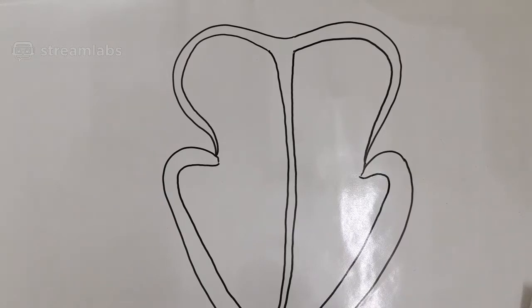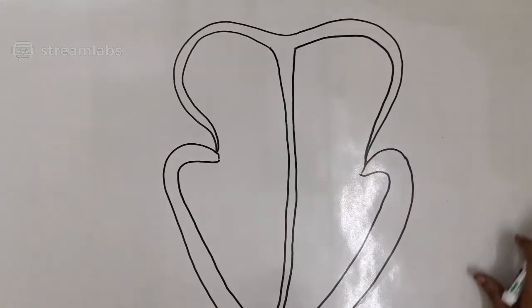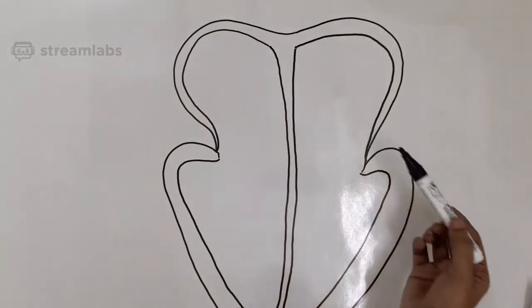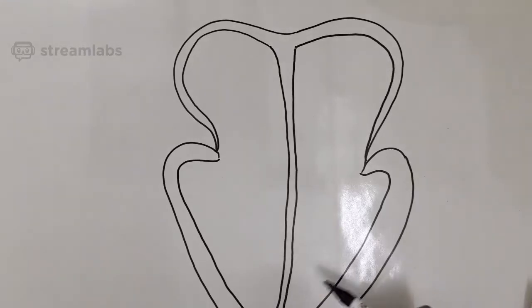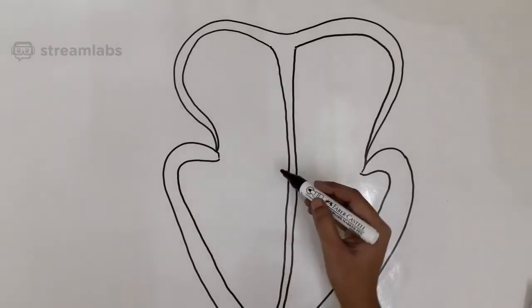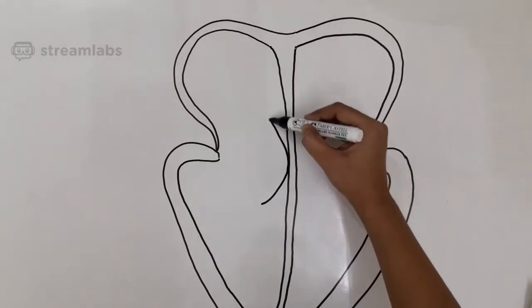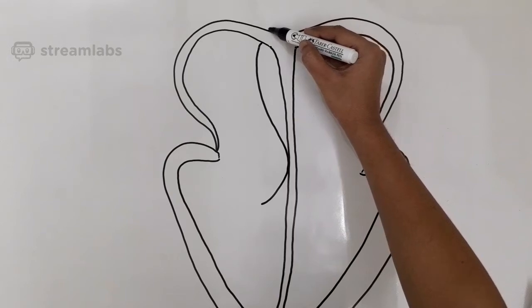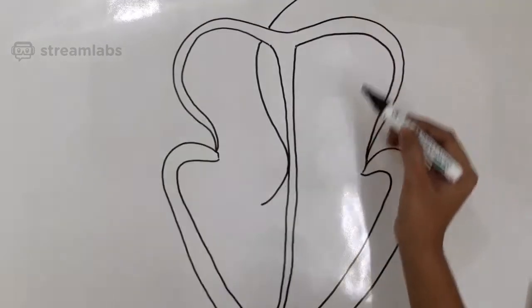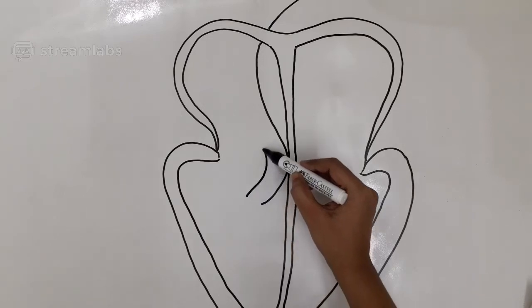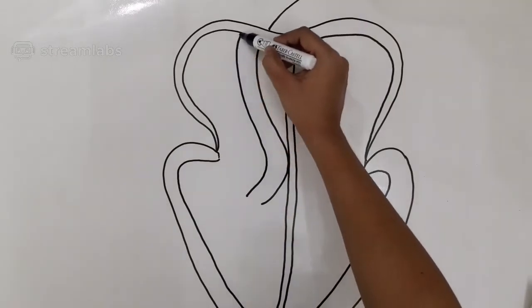Here you can see the walls of the auricles are thin as compared to the ventricles, and there are blood vessels taking the blood away from the heart and also bringing the blood into the heart.